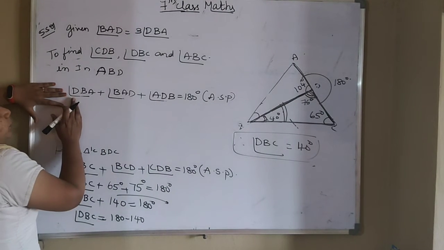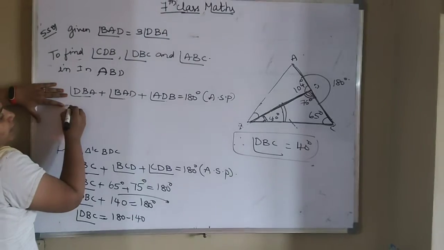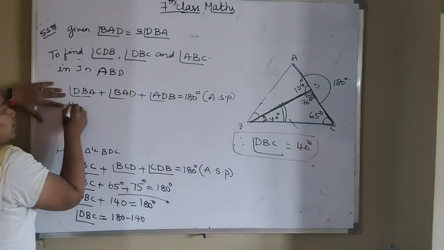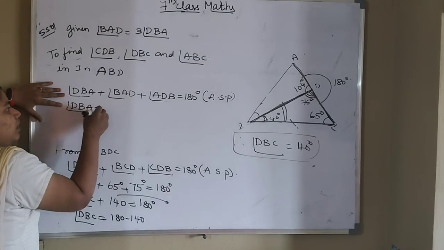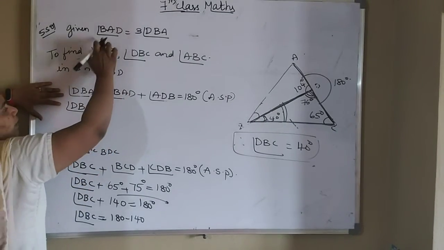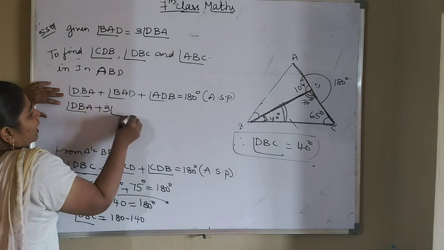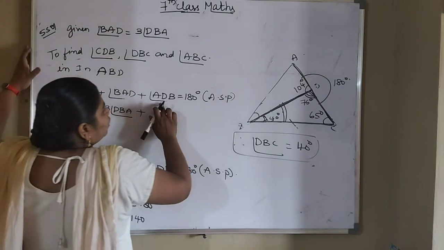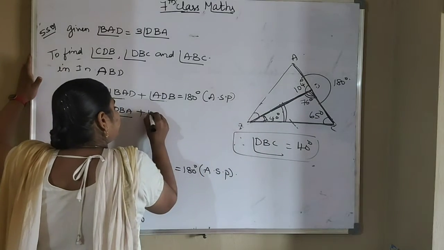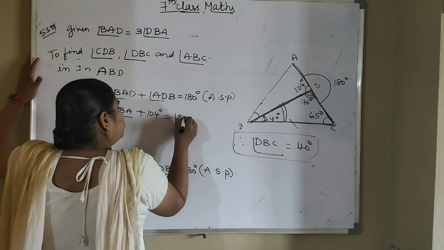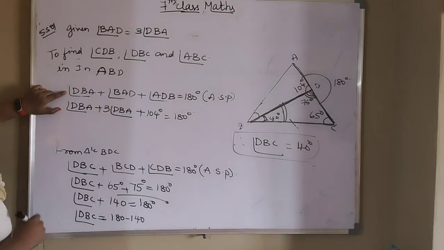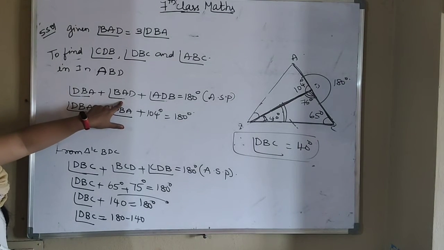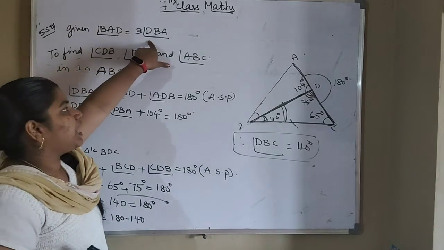Now already in the question, what is the value of DBA we don't know, so I am writing it as it is, plus BAD. In place of angle BAD, they have already given 3 angle DBA.